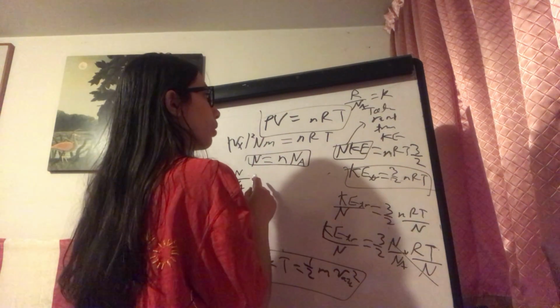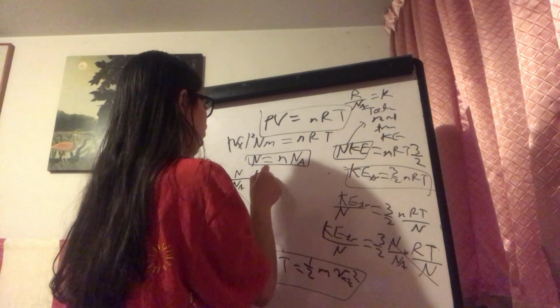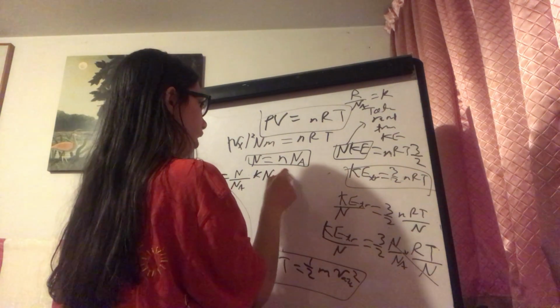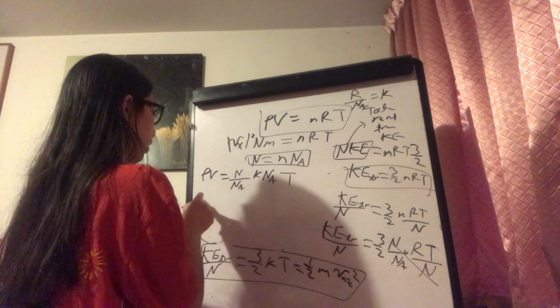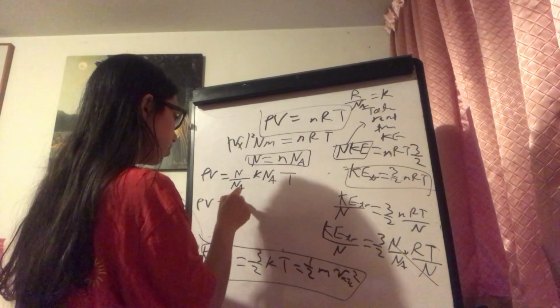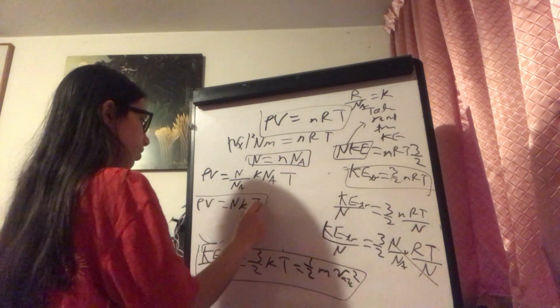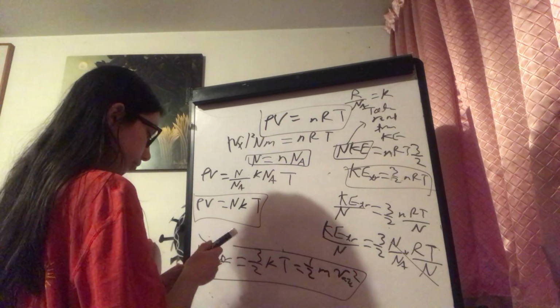So here we can put it as the Boltzmann constant times Avogadro's number times the temperature. So we have pressure times volume is equal to the number of molecules times the Boltzmann constant times the temperature. So this is another equation.